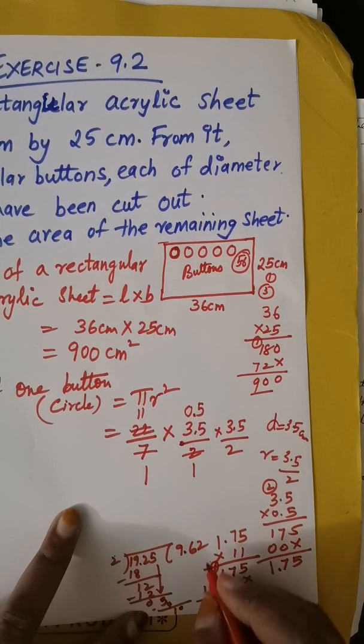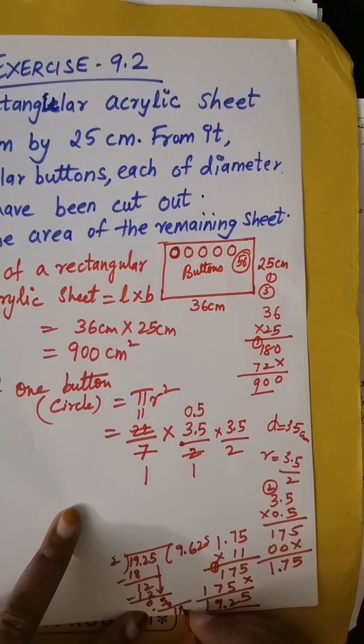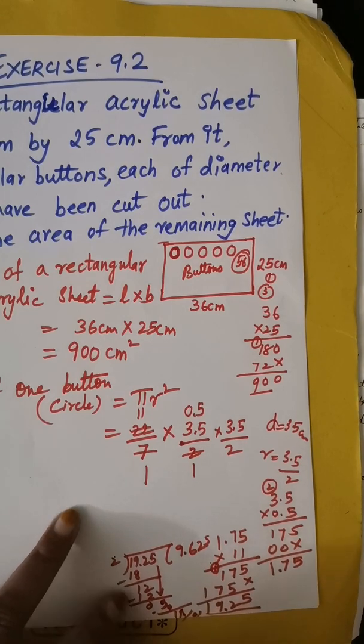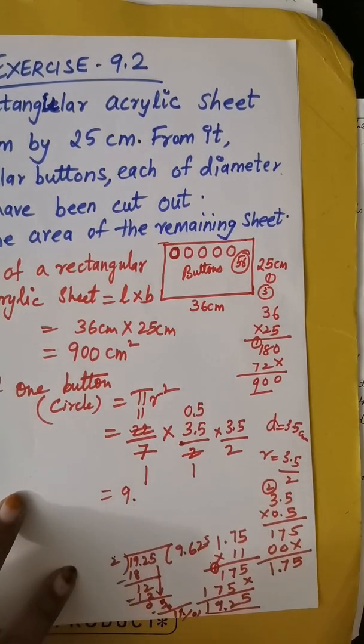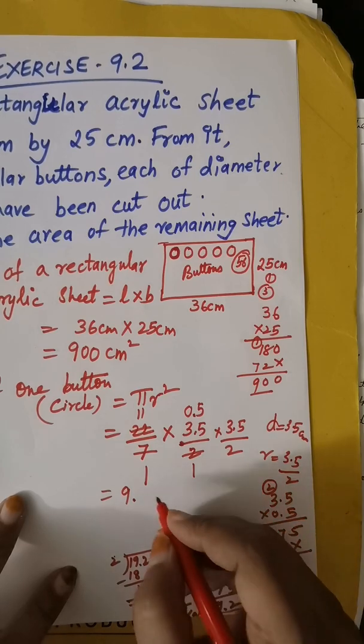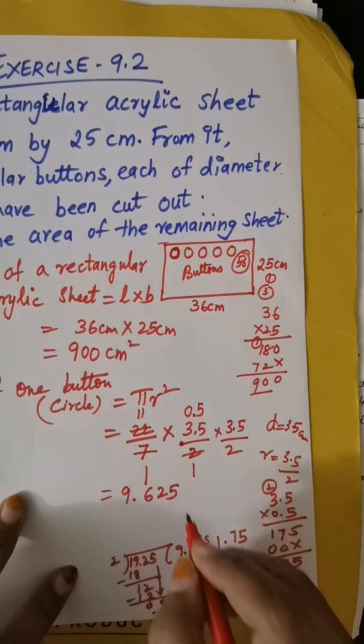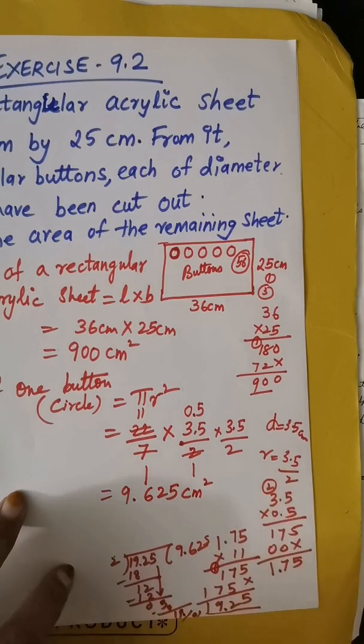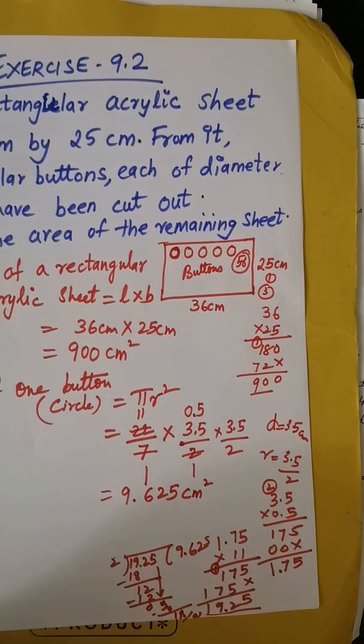You can take 0 again. 2 5s are 10. So it will be 9.625 centimeter square. This is the area of one button.